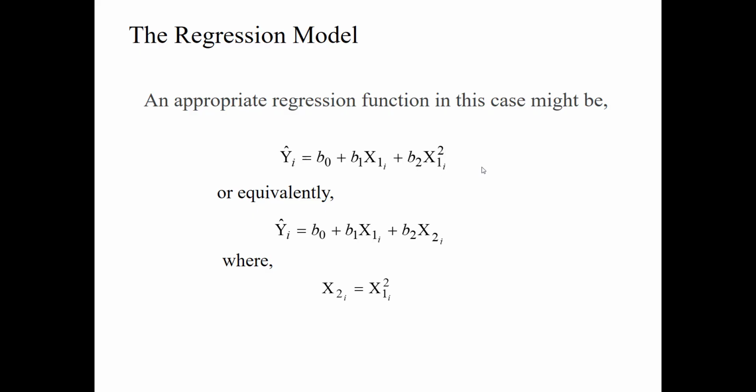Now to do the regression in this case, we can replace x1 squared by another parameter, which is equal to x1 squared. So basically we are converting this nonlinear regression to a linear regression by replacing one of the parameters, treating x1 squared as another independent variable.